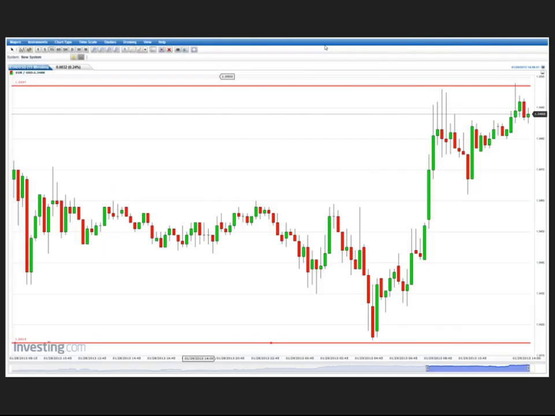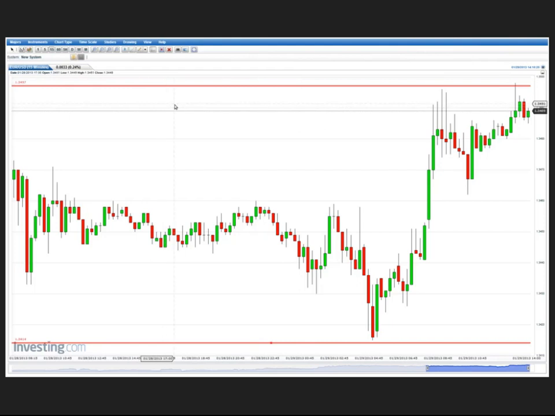Okay, welcome everyone. This is our price action for the Euro-US dollar. It is around 3 o'clock Eastern Standard Time on January the 29th. In this current session, I've drawn lines on the 15-minute chart.